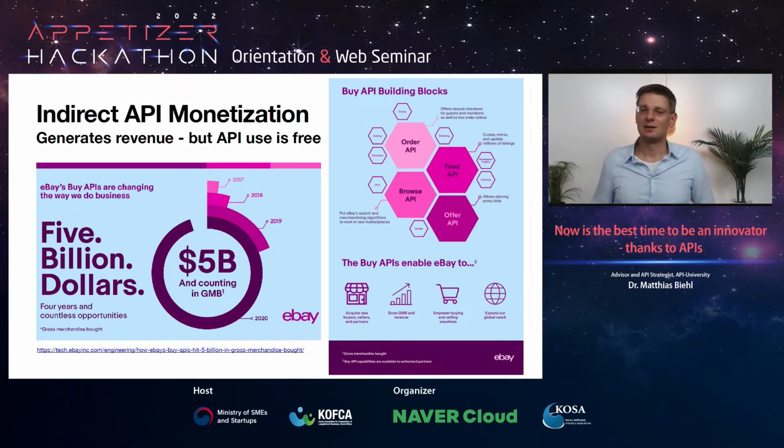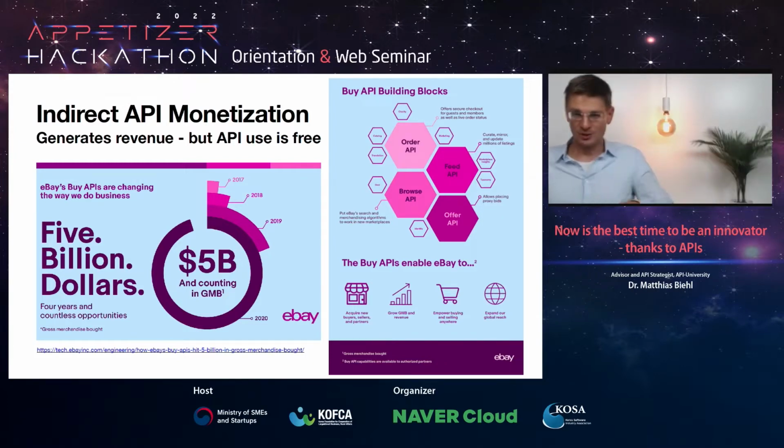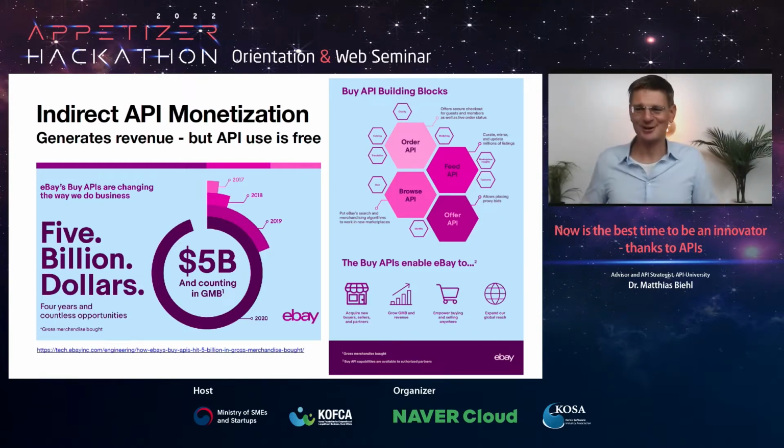And they have made, via indirect API monetization, 5 billion in gross merchandise bought in 2020. And you can see how it has grown over the years. They have always more than doubled the amount of money that they make with the API.